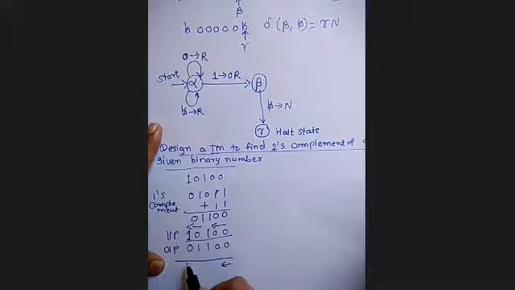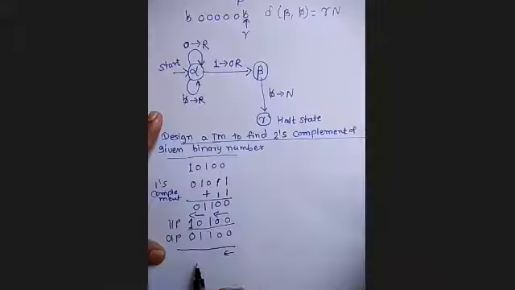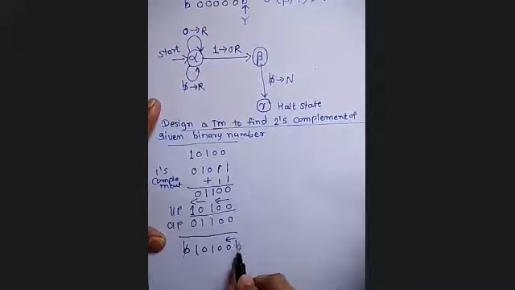So if my input is 1 0 1 0 0, considering this as a tape, let us start with the initial state q0. In this case we don't want to start from the first symbol, but from the last symbol.